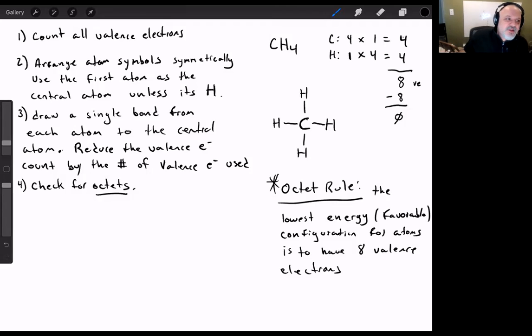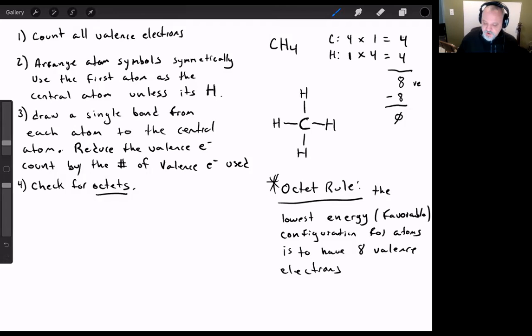So it's called the octet rule, but we're going to find out real fast that there's lots and lots and lots of atoms that can break the rule. In fact, in general chemistry, there's actually only like 4 or 5 atoms that always follow the rule. All of the rest of the atoms on the periodic table regularly break the rule.